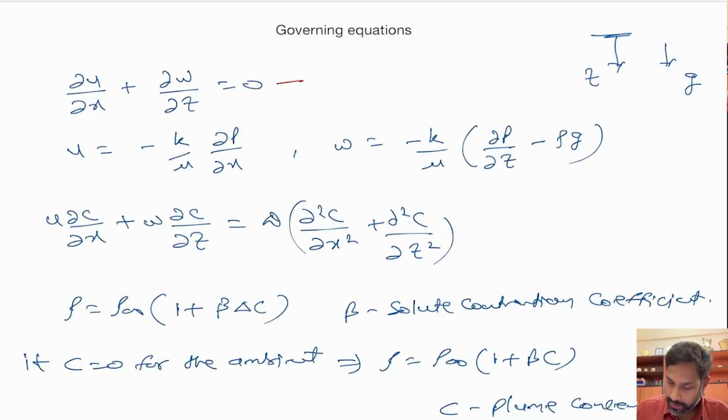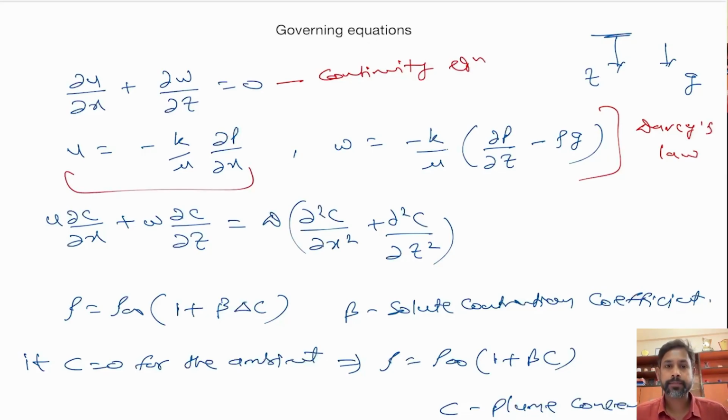This set of equations: this is the continuity equation, that is basically the mass balance, and these two equations are the Darcy equation or Darcy's law, right?